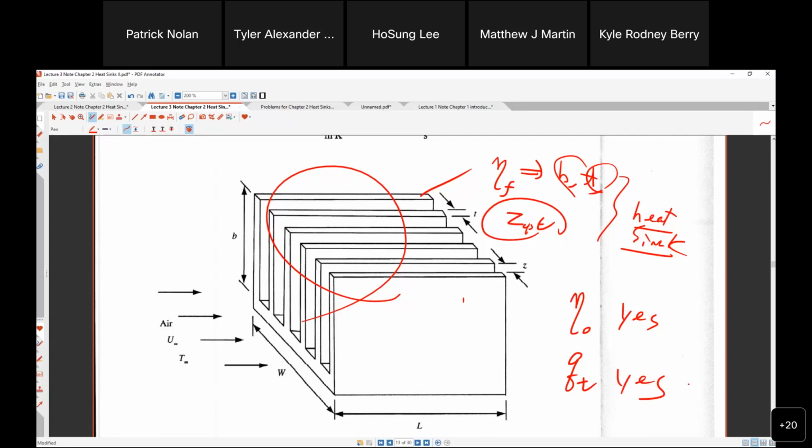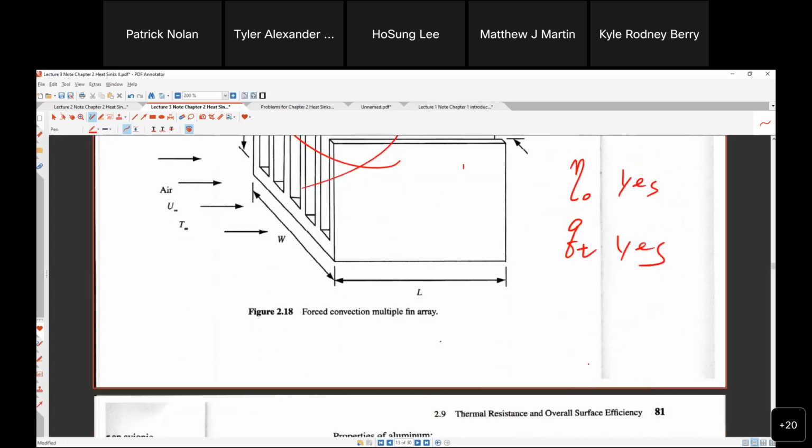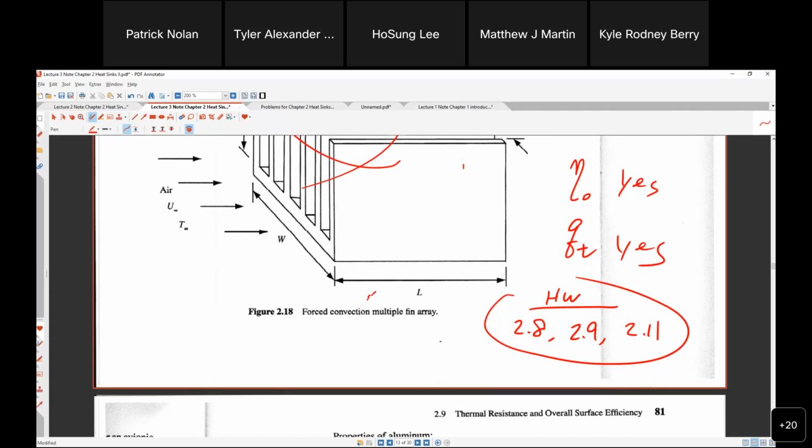Okay. Homework: 2.8, 2.9, 2.11, challenging. Three problems. I think you have to go through some example problems and do the homework problems, using the general chart. Chart 1, chart 2 for radial fin.